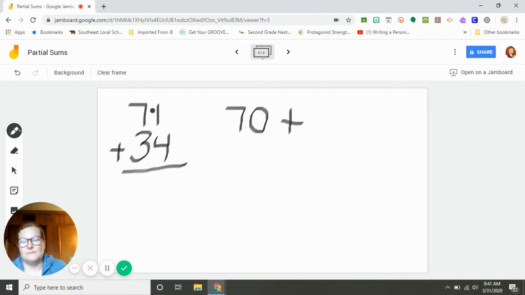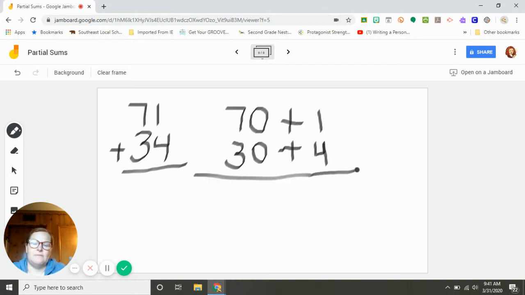And I can look at the ones place and I know that's a 1. So it's worth 1. And then I'm going to look down here and see what the value of the 3 is. It's in the tens place, so I know it's worth 30. And then I know that this is in the ones place, so it's worth 4.